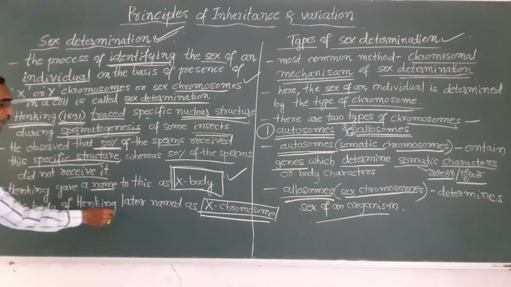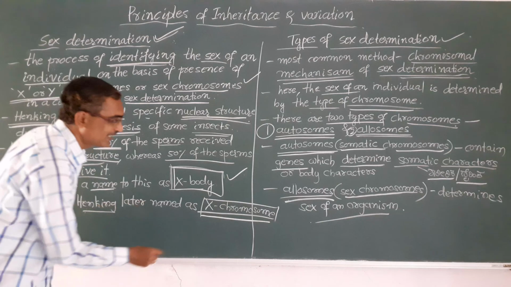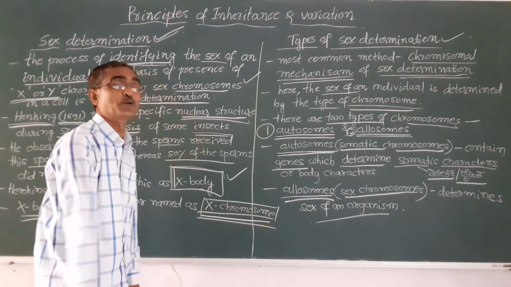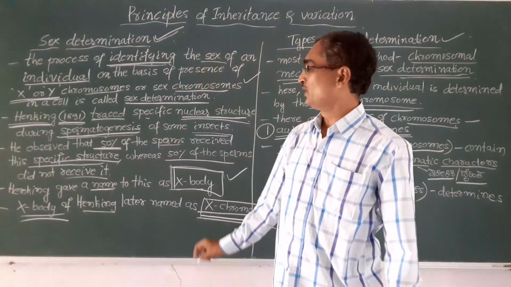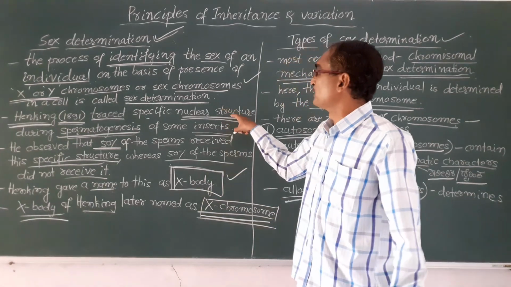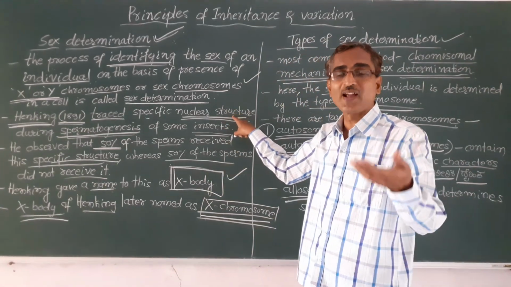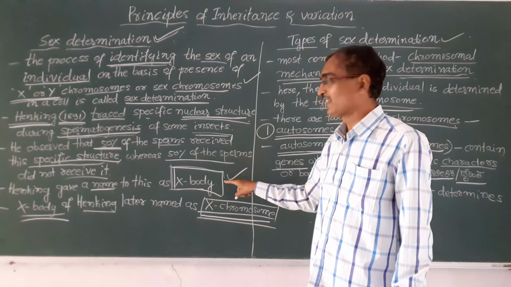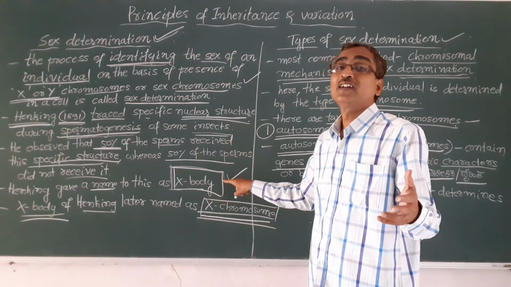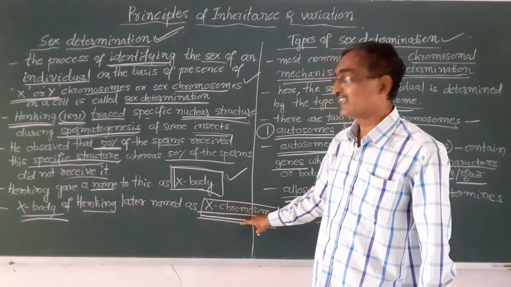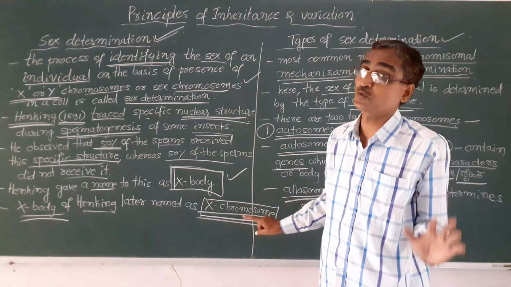This X body of Henking was later named the X chromosome.